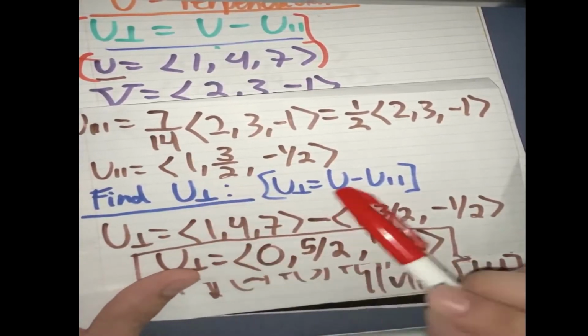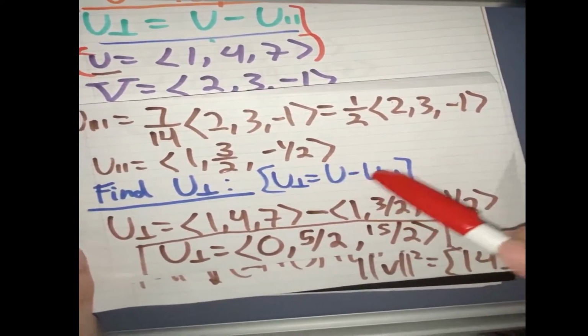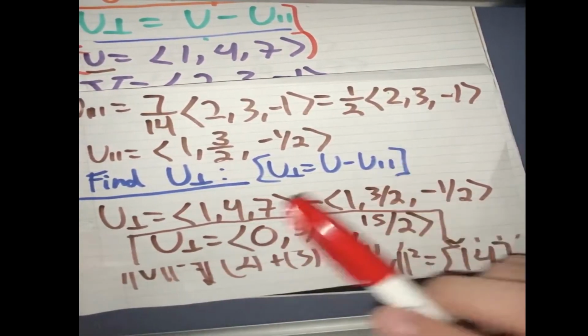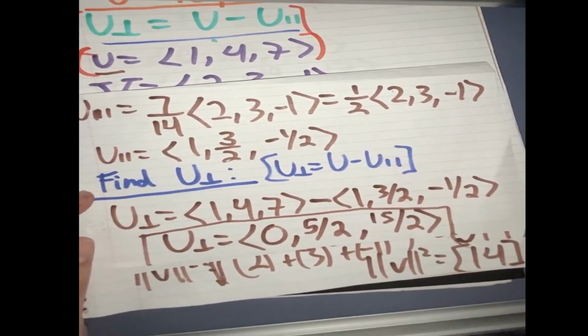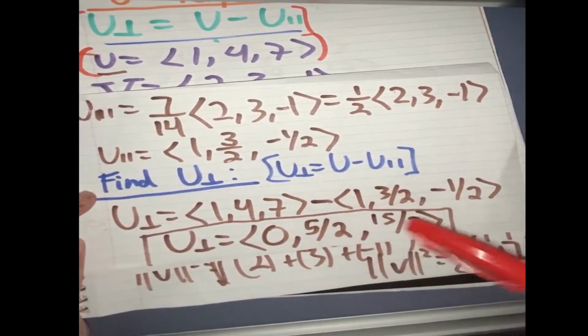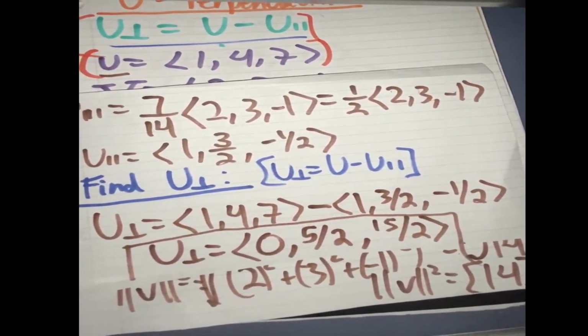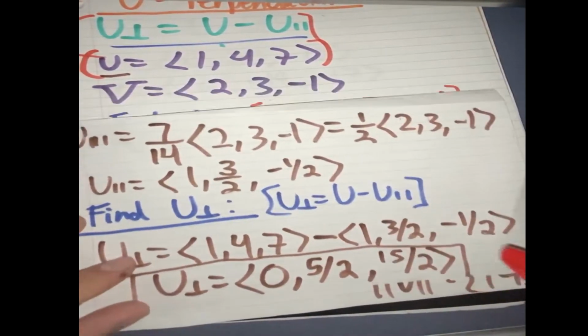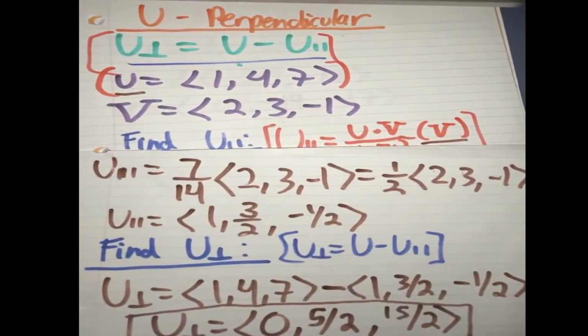Then for u perpendicular, we just do vector subtraction of u minus u parallel, subtracting each component separately. Watch out for this minus sign, because 7 minus negative half is the same thing as 7 plus 1/2. So 14 over 2 plus 1/2, and we got 15/2. Thank you for watching. I hope that was helpful.